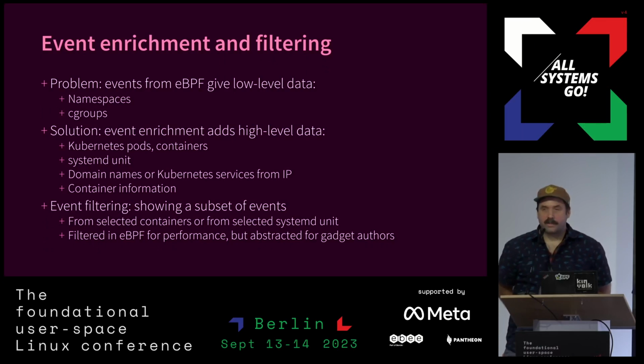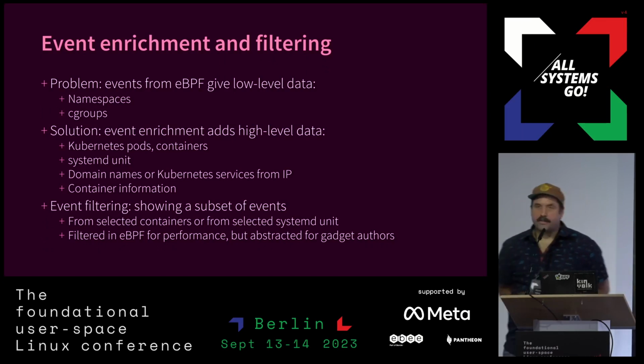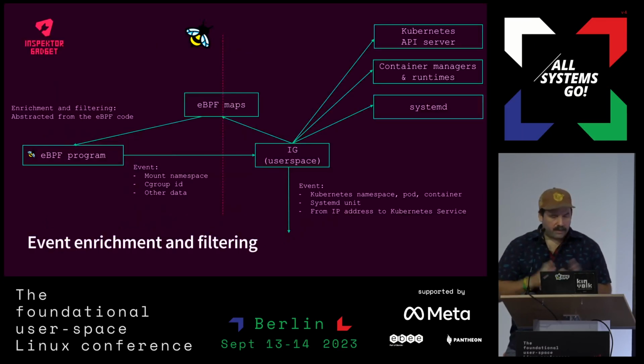We understand systems based on higher level concepts generally: Kubernetes pods, systemd units, container runtimes, etc. So what we do is we take that, we map it, and we present it in a way that is understandable to people familiar with those systems. And we also allow you to filter on those. I believe we have a diagram here, and then we have a demo, so I'll hand it over to Alban.